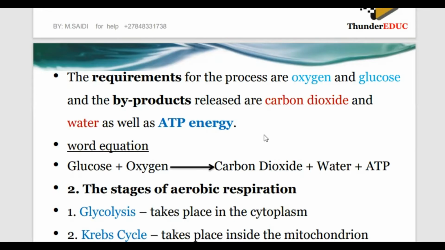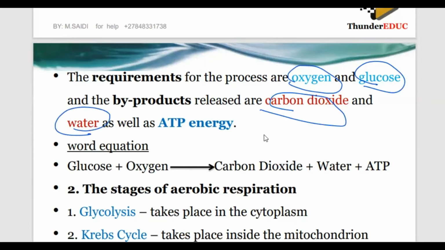Don't forget that in photosynthesis, you produce oxygen and glucose, and you have to use carbon dioxide and water for that process to take place.